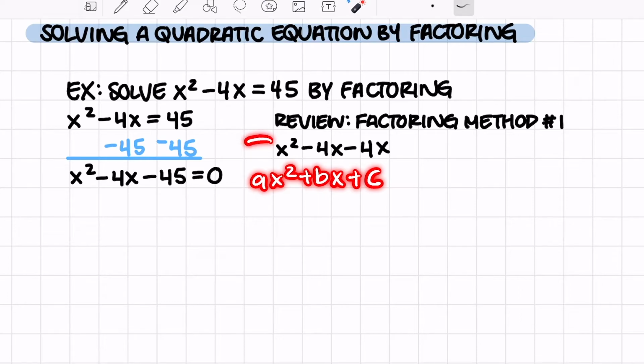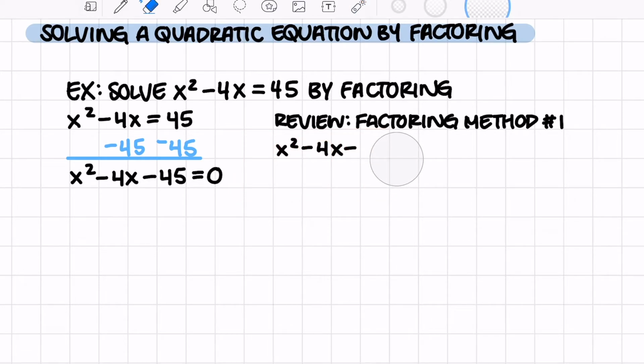From this, I know that my a value is going to be that imaginary 1, b is going to be -4, and c is going to be -45. So right here, I'm going to write down a equals 1, b equals -4, and c equals -45.